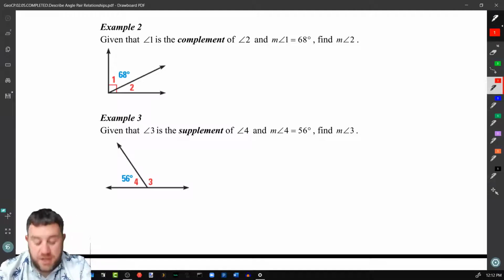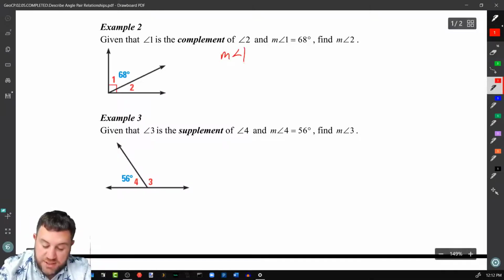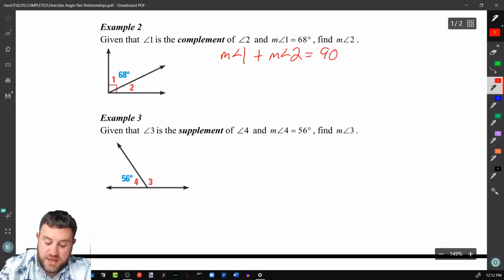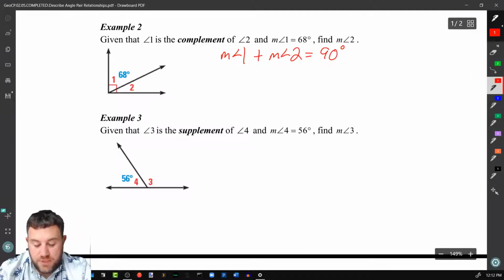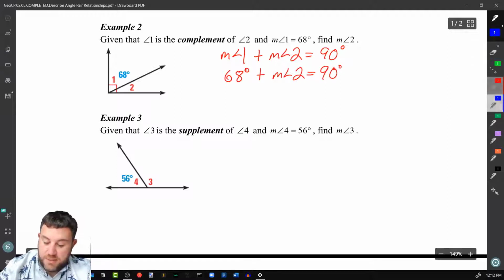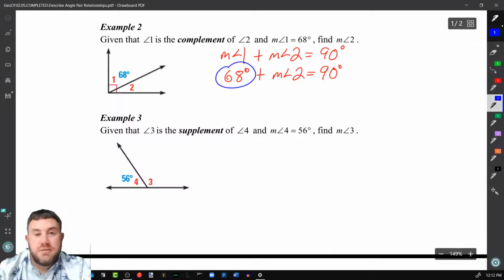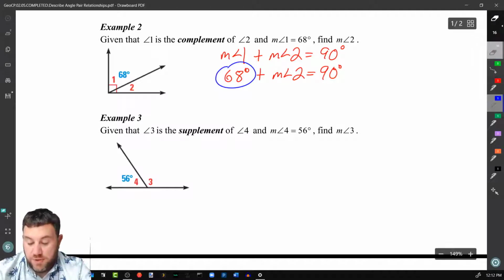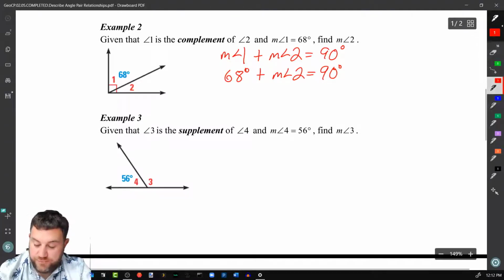If we know they're complements, then that means the measure of angle 1 plus the measure of angle 2 equals 90 degrees. And we are told the measure of angle 1 equals 68 degrees. So we substitute it in right here for the measure of angle 1 because we knew what that was.